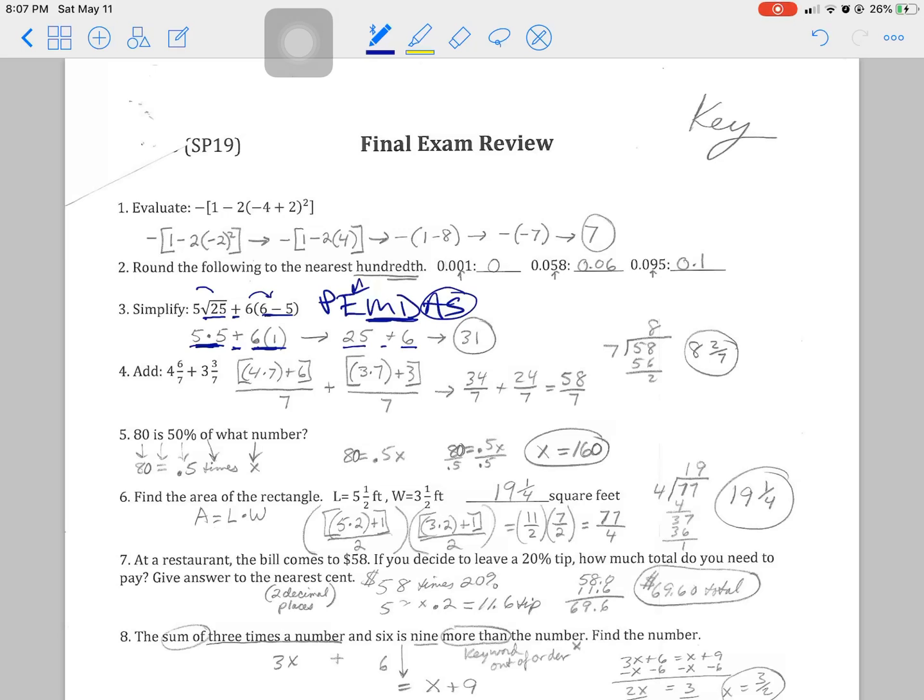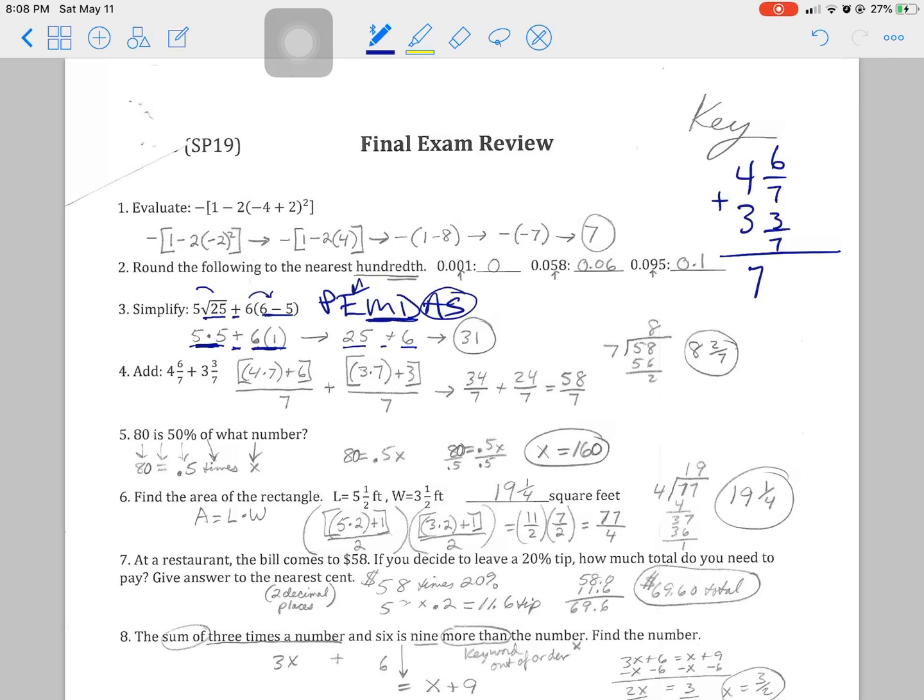Okay? Let's see. Add 2 mixed numbers. How do we change mixed numbers into improper fractions? There's another way to do this one too. Does anybody ever do these in the vertical method? Sometimes people do these this way. Because the denominator in the fraction part is the same, it's really easy to do this one this way. 4 plus 3 is 7.